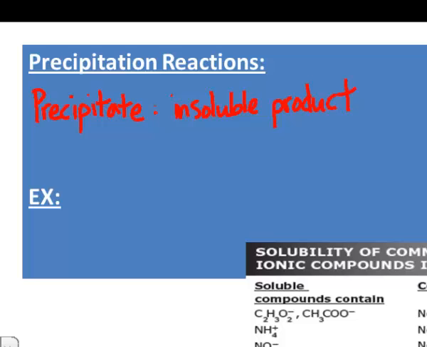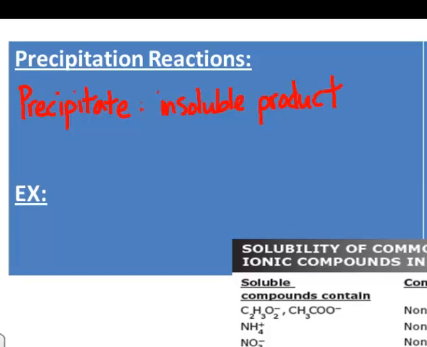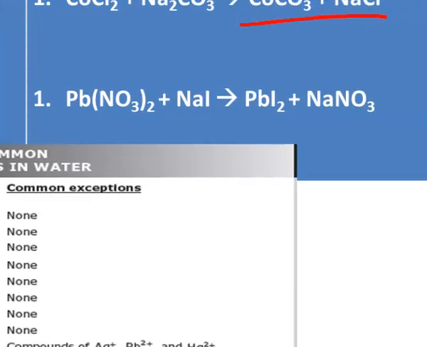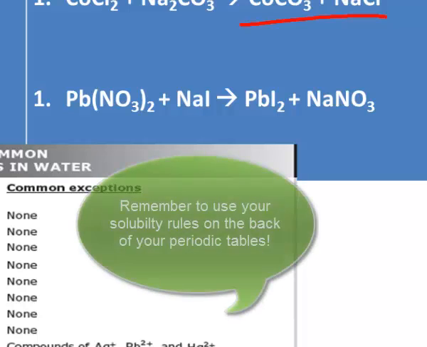Okay, I gotcha. So what we would look for is anything that is insoluble over here, and they have to be our products. Focusing just on the products now. So sodium chloride, I know salt is definitely soluble. So I'm going to go to cobalt 2 carbonate.